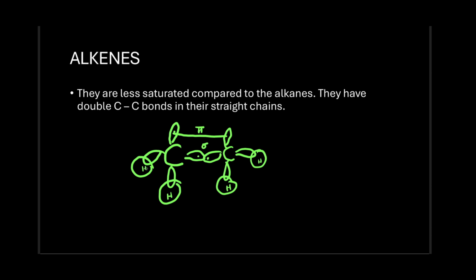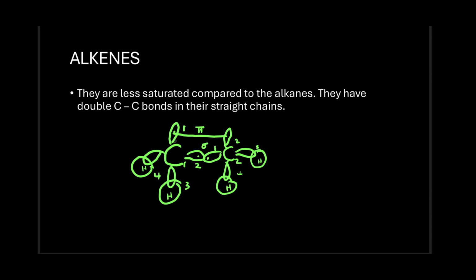So if you look at this carbon, let's say carbon 1, we can see that it has formed the maximum number of bonds it can form in this compound. This is bond number 1, bond number 2, bond number 3, bond number 4. Likewise, if you go to the other carbon, carbon 2, we can see it has formed bond number 1 here, 2, 3, 4.